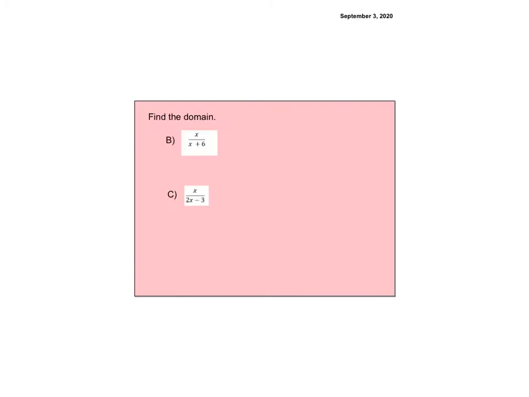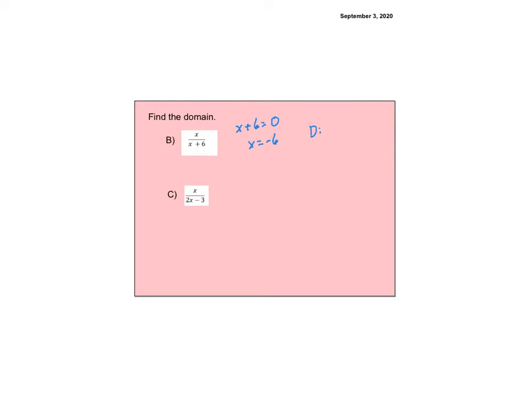Alright, so let's go ahead and find the domain of these. We've got a rational expression where we've got an x in the denominator, so we need to set the denominator equal to 0. This one here we don't have to factor, we can just simply solve for x. So I can subtract 6, and I get x equals negative 6.